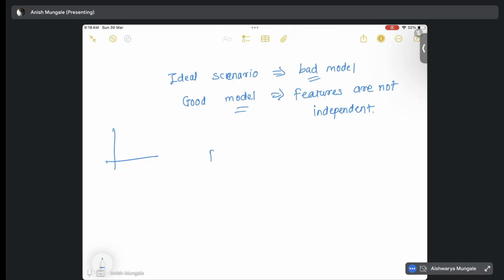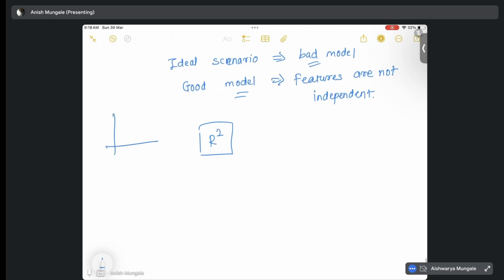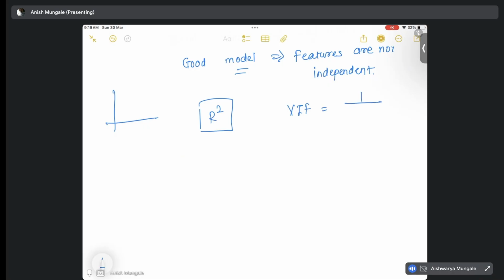R square. So we came up with R square. In this case, is lower R square better or higher R square better? Lower R square. So in this case, instead of using R square directly, we use VIF, which is 1 by 1 minus R square.